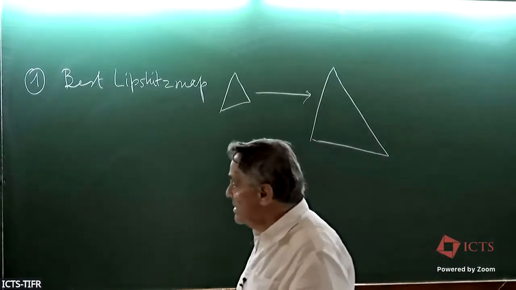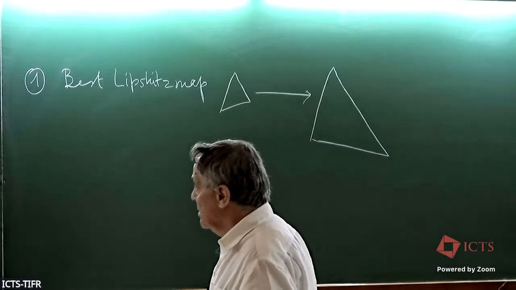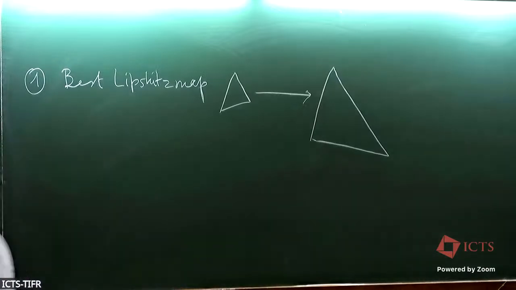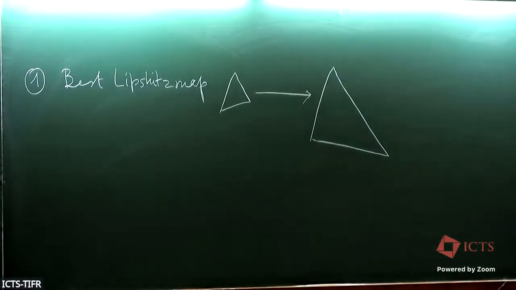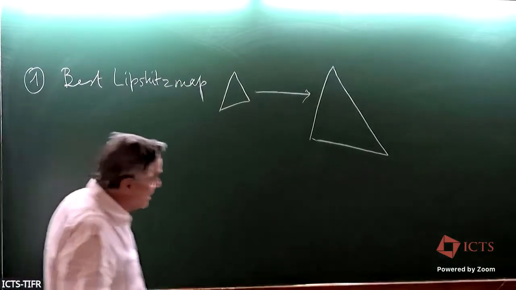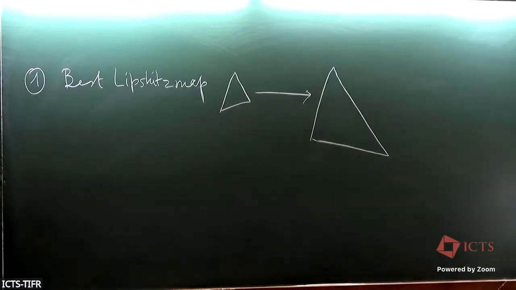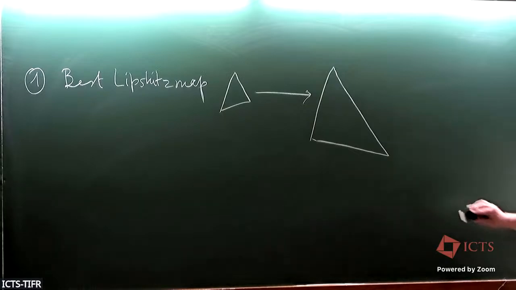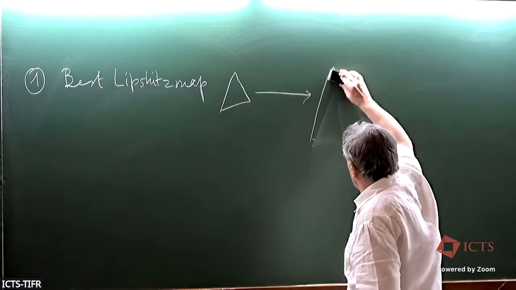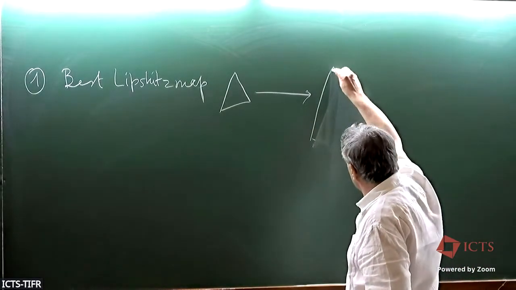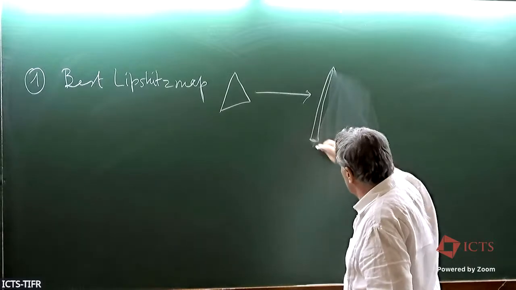It's natural, in fact, to normalize and to take the triangles of area A. Otherwise I get things which I don't want. So this second triangle would be like that, same area.